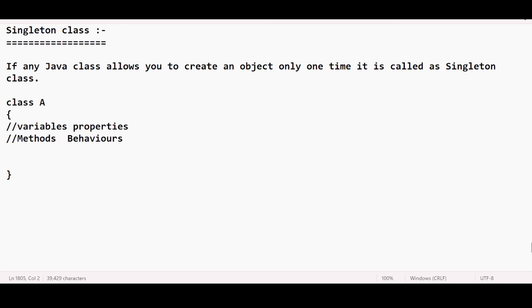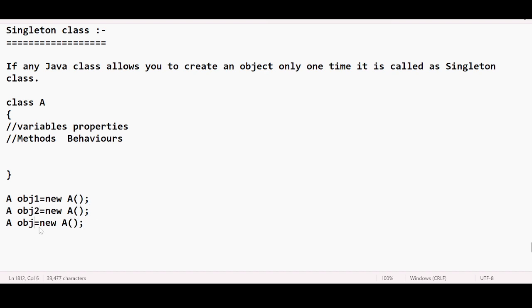The class acts as a blueprint from which you can create any number of objects. This is how an object can be created from a class: A obj equal to new A. Like this, you have scope to create any number of objects.